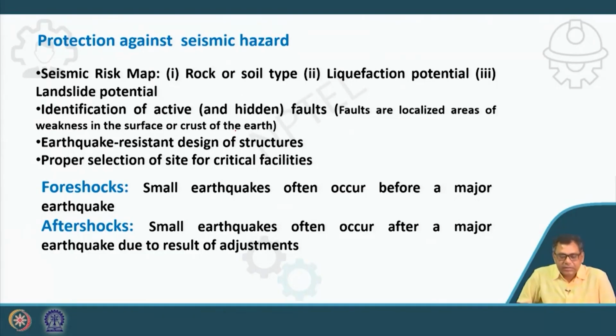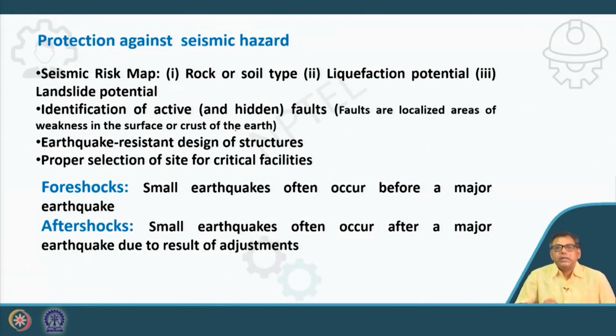Now, the identification of active or hidden faults. Faults are localized areas of weakness in the surface or the crust of the earth. Later on I will discuss in detail what a fault is. The definition is basically a weak portion in the surface or the crust.